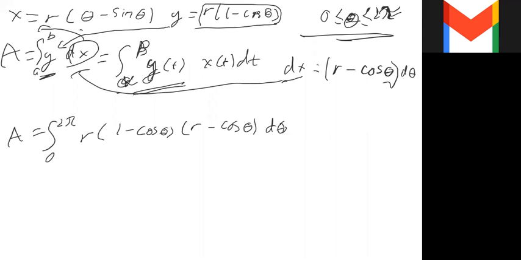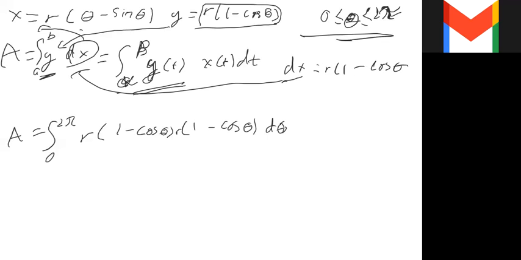Oh wait, oh my goodness, I took the derivative wrong. This would be r, right? You distribute the r inside, we will get 1 minus cos theta. Yes, it should be r times 1, so we have an r in front, times 1. Okay, because of the derivative, you can take the constant out.